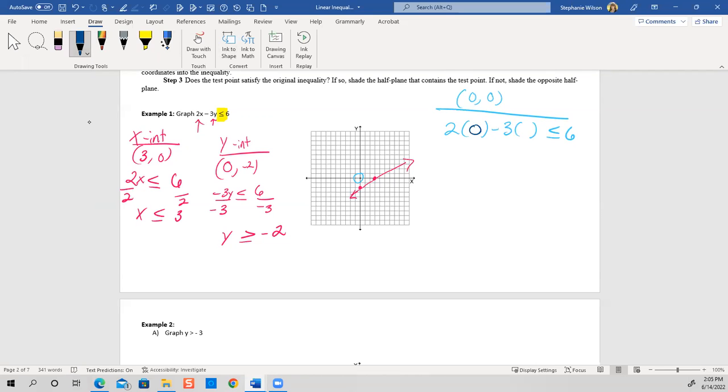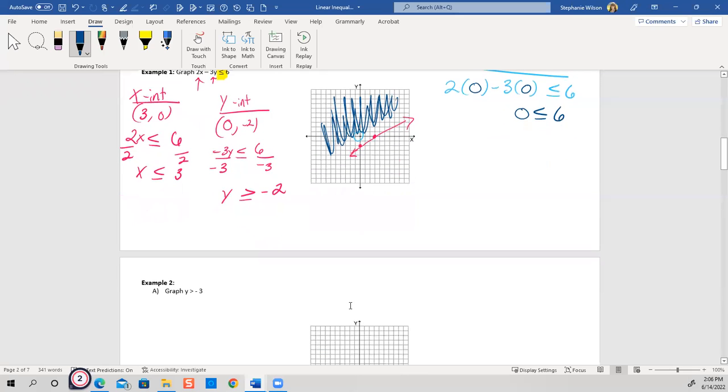I get 0 minus 0 gives me 0. Is this true? Yes, 0 is less than 6. So since it made a true statement, this is the half that we're going to shade. We will not shade the bottom half. That's all the work there is for that one.